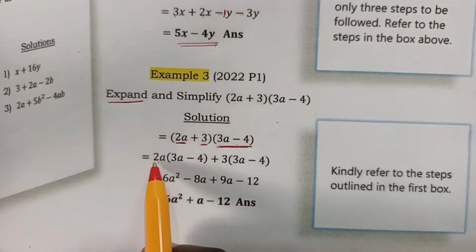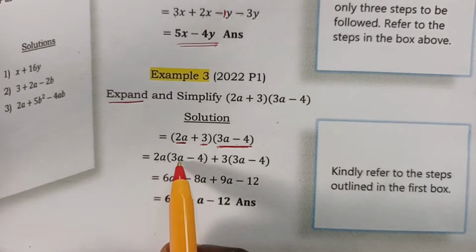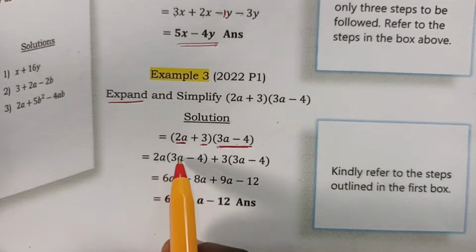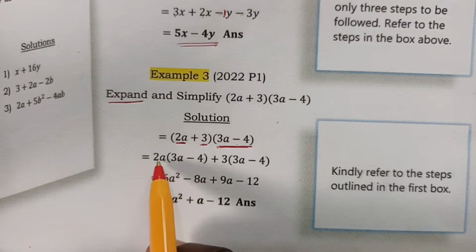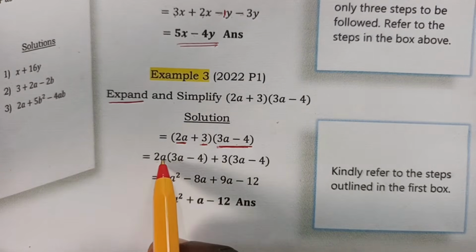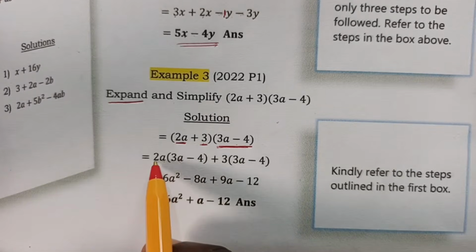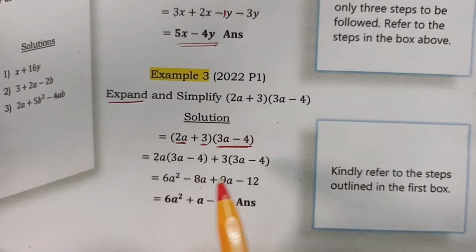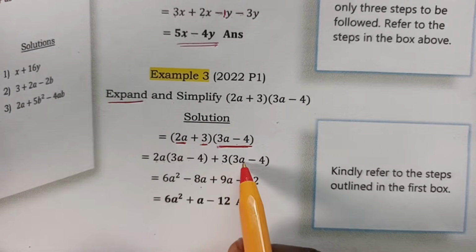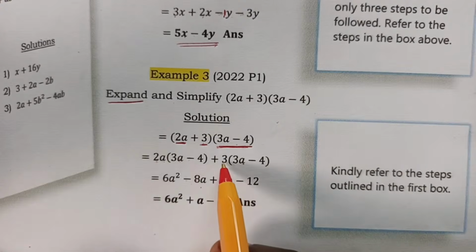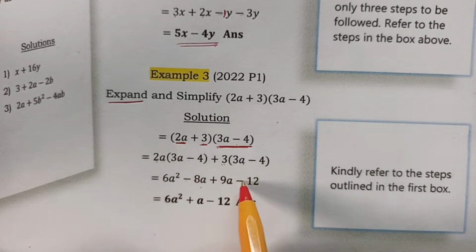So we're going to say 2a times 3a, it will give us a 6a. Now these two are being multiplied, so it will be 6a power 2 or 6a squared. 2a times negative 4, that is a 2 times negative 4, it's negative 8, and the a is right here. 3 times 3a, it's a 3 times 3, which is a 9, and the a is right here. 3 times negative 4, it's negative 12.